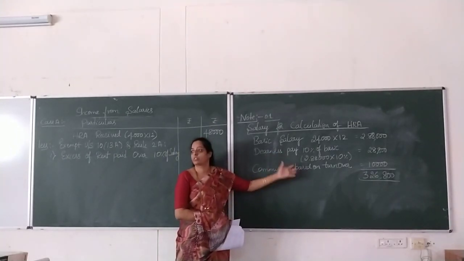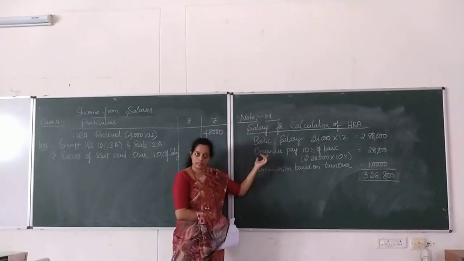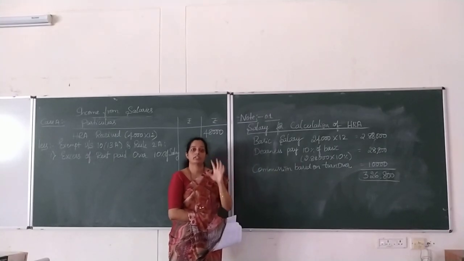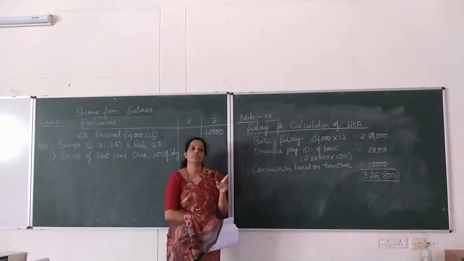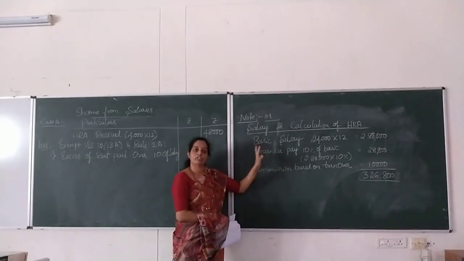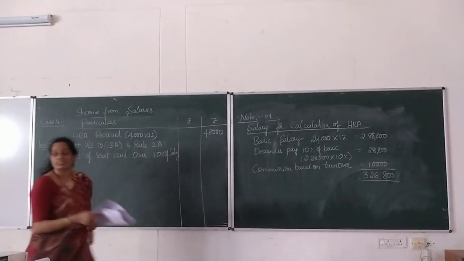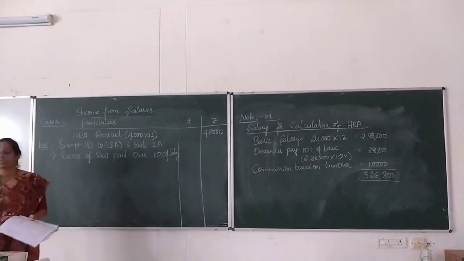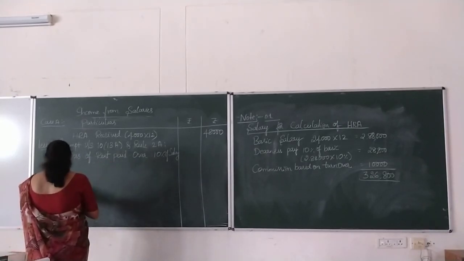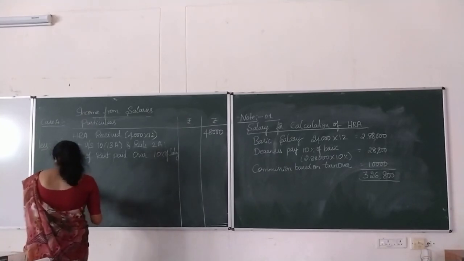Otherwise, no. So keep in mind, these two things are mandatory. Next, 3,26,800 into 10% is 32,680.